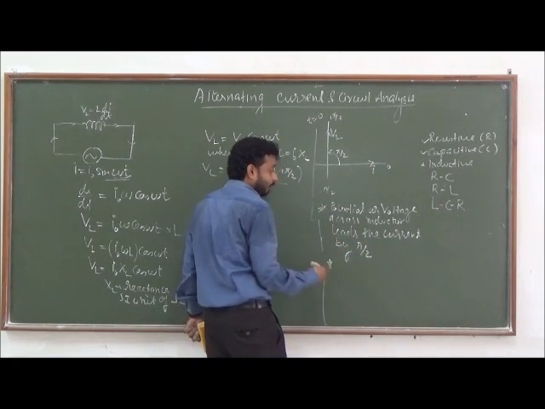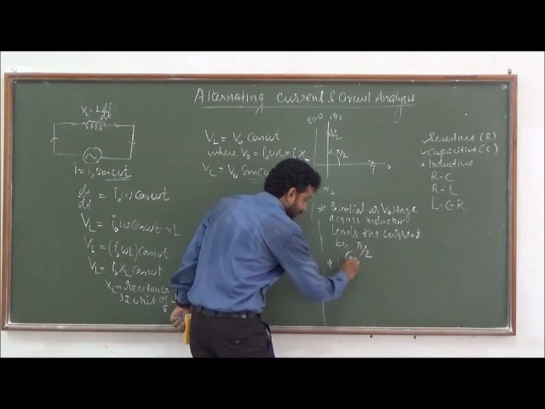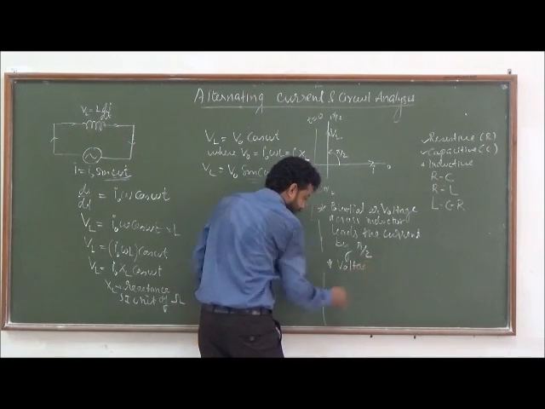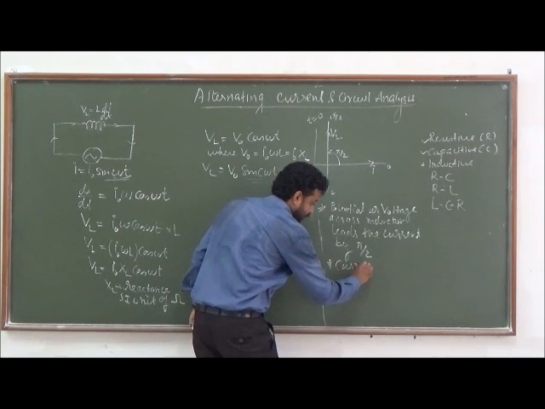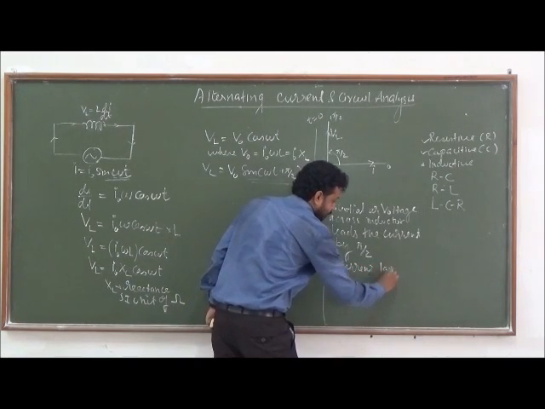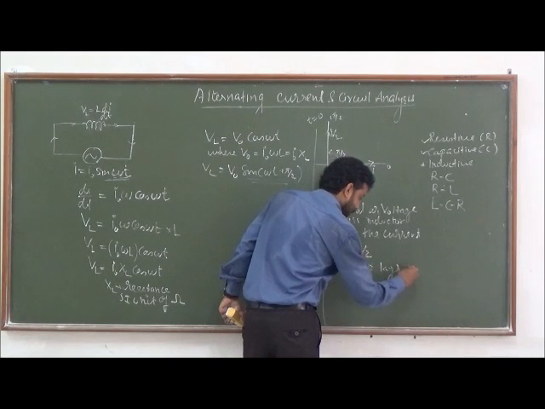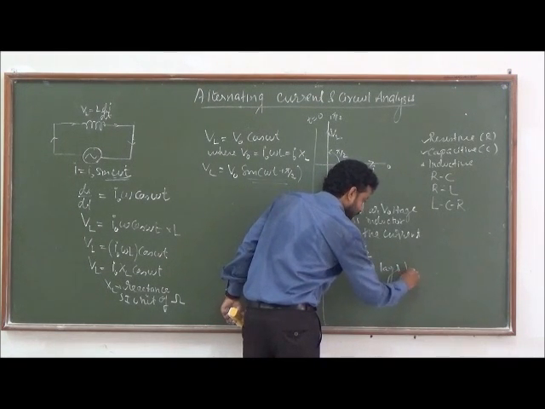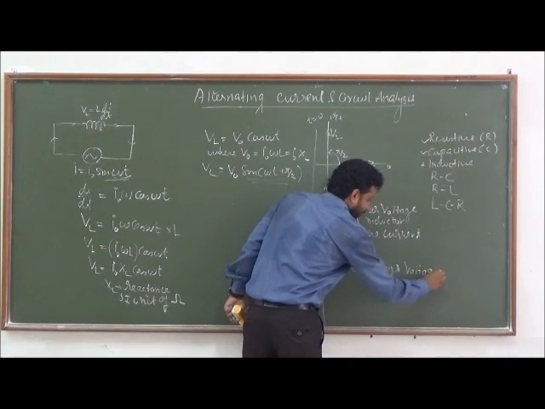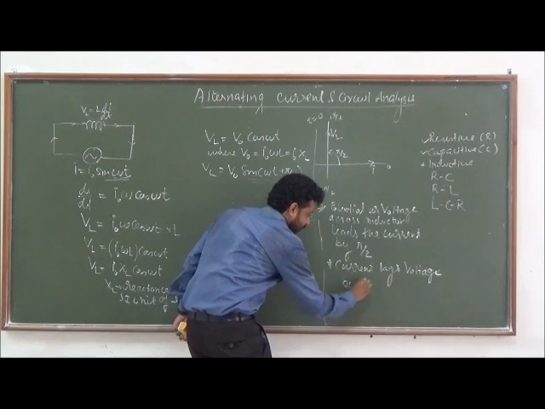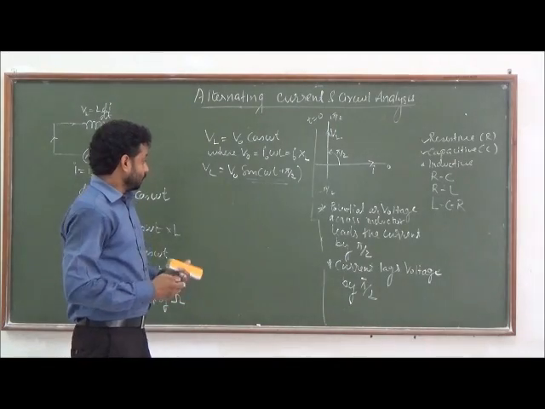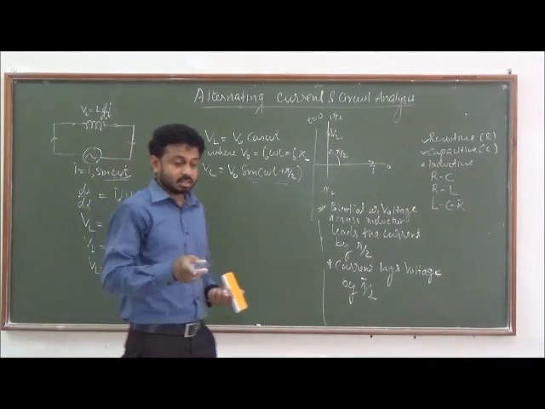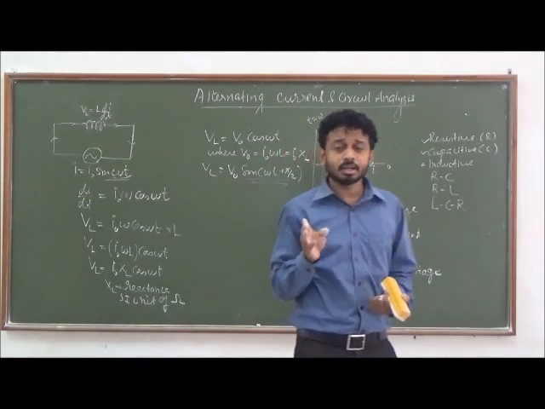In other language you can say, sorry, we start with current now: current lags voltage by pi by 2. Correct?